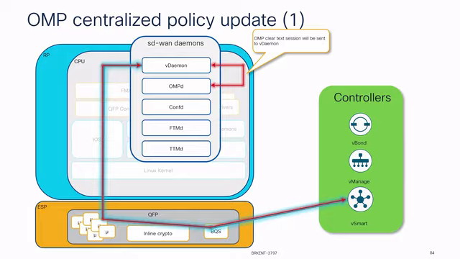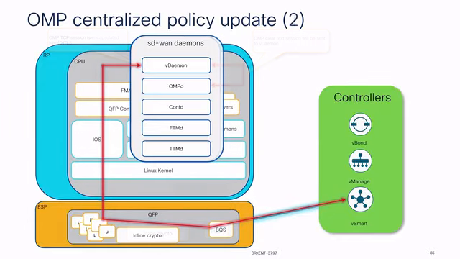What happens next? We have a daemon, call it OMP. The OMP daemon will send a clear text TCP packet to vDaemon, which will encrypt it. Depending on the protocol, it will be TLS or DTLS. And sooner or later, after the TCP exchange, after the negotiation, and so on, of OMP, we will have a TCP session established and a fully running OMP peering session.